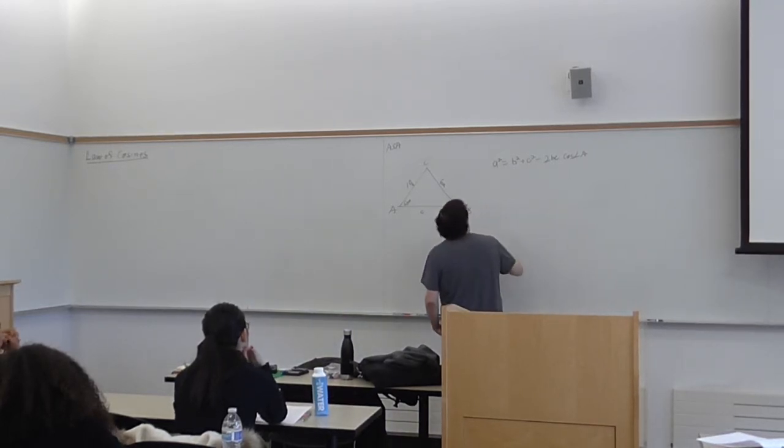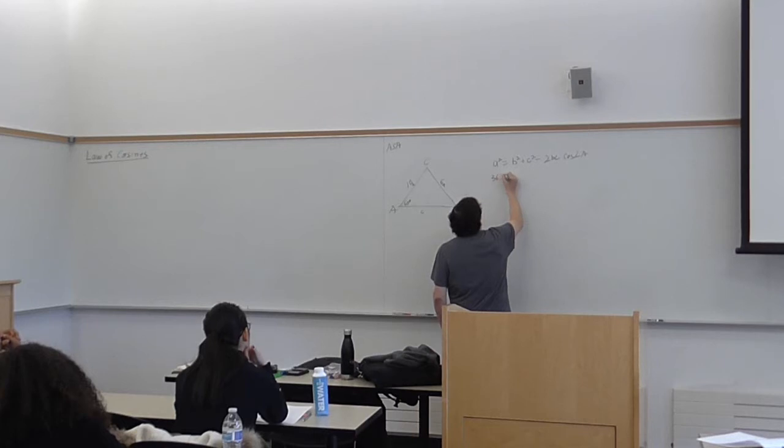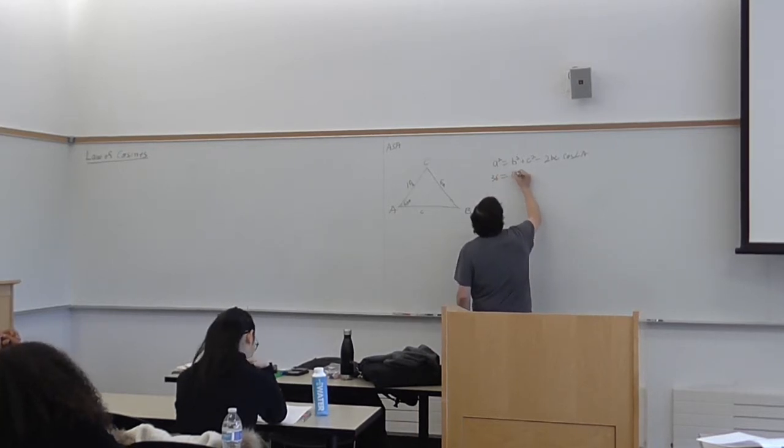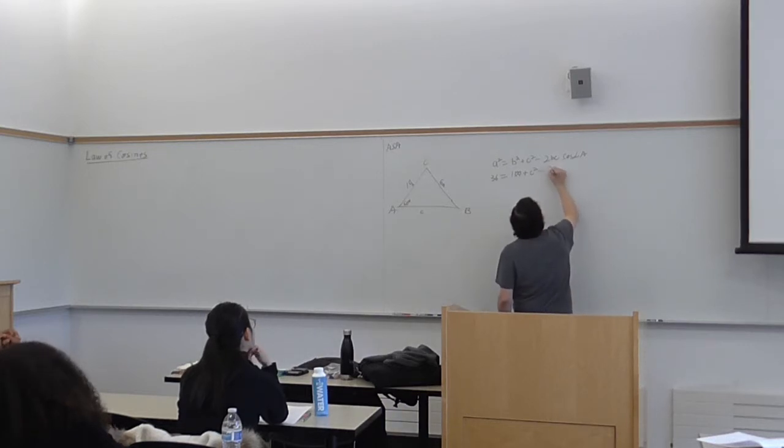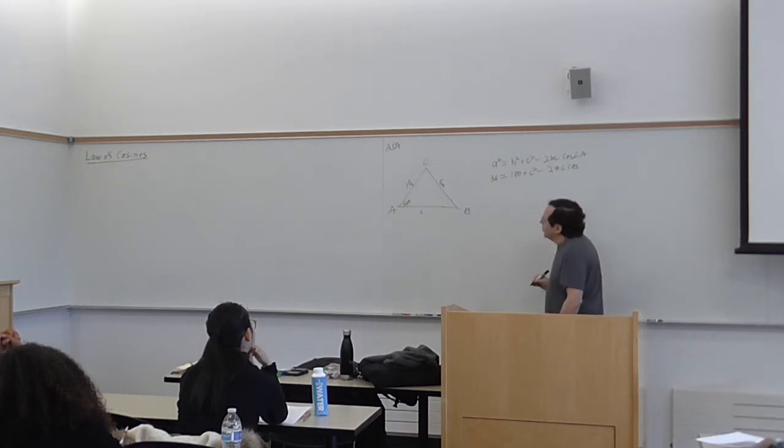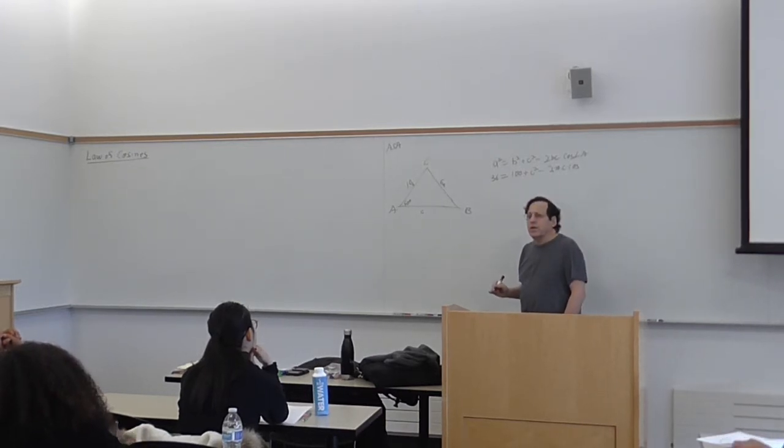Okay, so little a squared is 36 equals 100 plus c squared minus 2 times 10 times cosine of angle A.